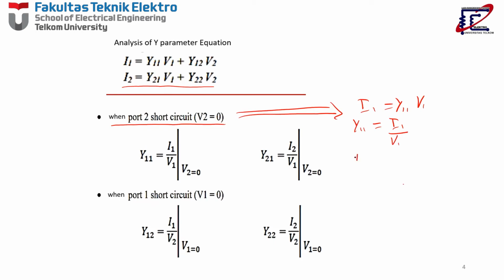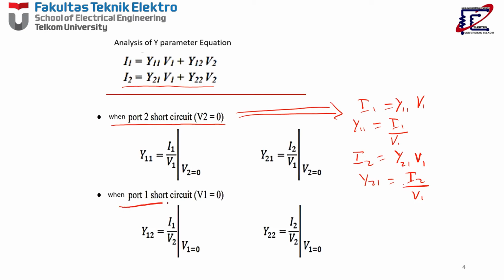Then I2 equals Y21 multiplied by V1, so Y21 equals I2 over V1.